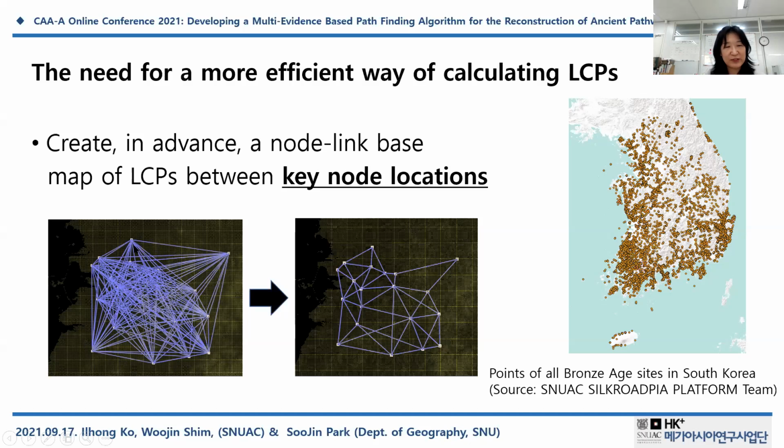But then we realized, for example, if you were to go from here to here, you would not directly pass through that. You would usually be connected to a key node, and then from here, go via a different link to a different link, and then make your way to your final destination. So we had to address this issue.